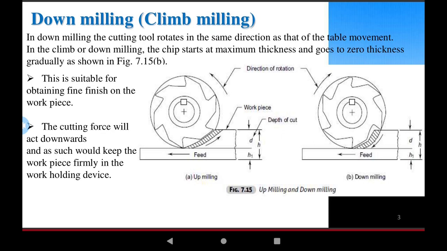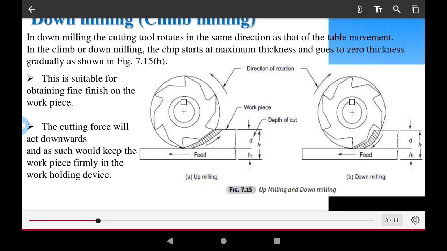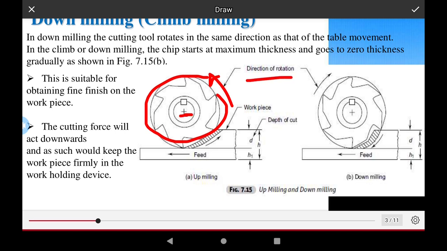In upward and downward milling operations, in down milling the cutting tool rotates in the same direction as the table movement. The tool moves in the direction of rotation, and this is the feed movement.